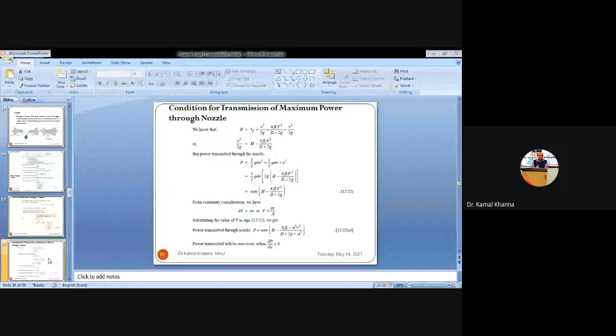How can we transmit the maximum power through the nozzle? Do we require any condition? That is, at which condition or constraint can we transmit the maximum power using the converging nozzle?